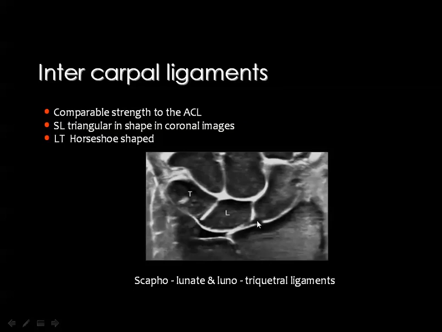This scapholunate ligament is pyramidal in shape and is insinuated between both bones. Also, there is a small ligament between the lunate and the triquetrum, and this is the lunotriquetral ligament. This ligament is horseshoe in shape, and many times it is absent, and this is considered a normal variant.